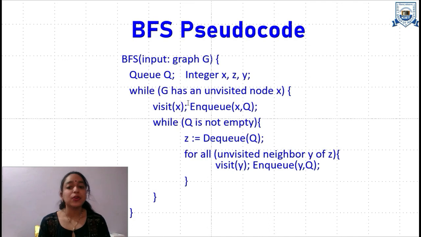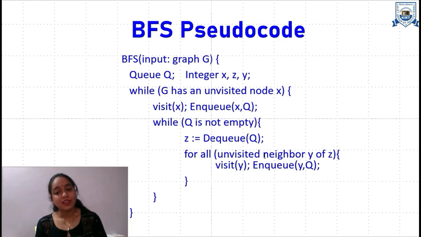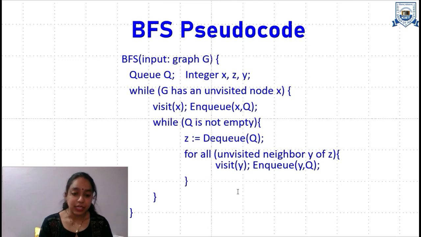So make sure that based on the deletion, when they are deleted, their adjacent vertices are inserted in the queue. So you have to make sure of the sequence for the breadth first search traversal. This is the breadth first search traversal technique.